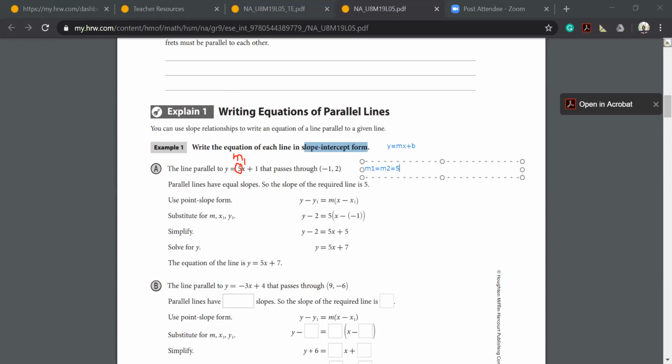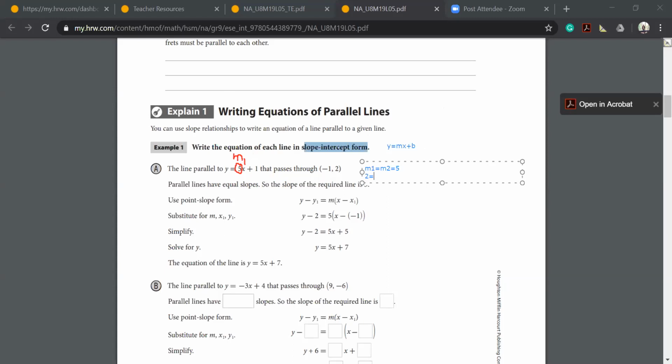We found our slope. Very well. I still have B. How can I find B? By substituting. Let's put y instead of y. Of course, this is x and this is y.